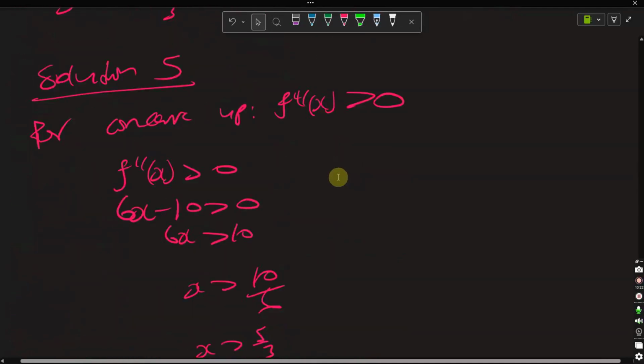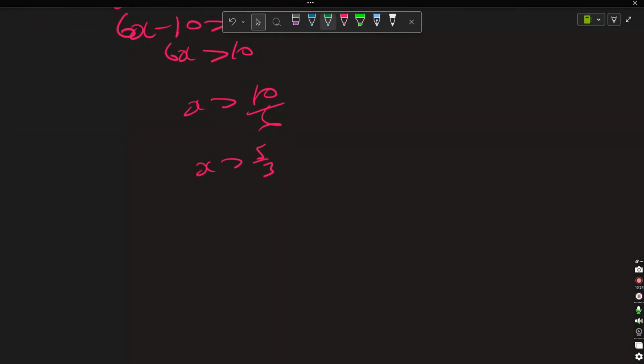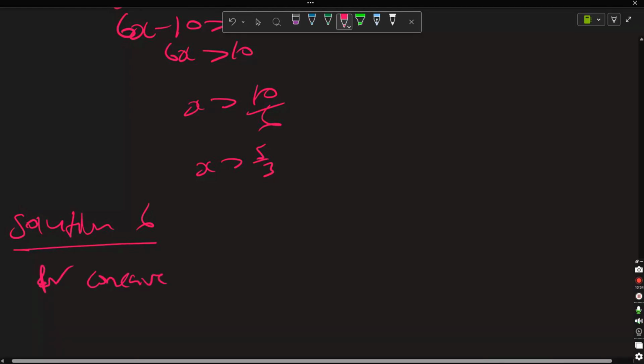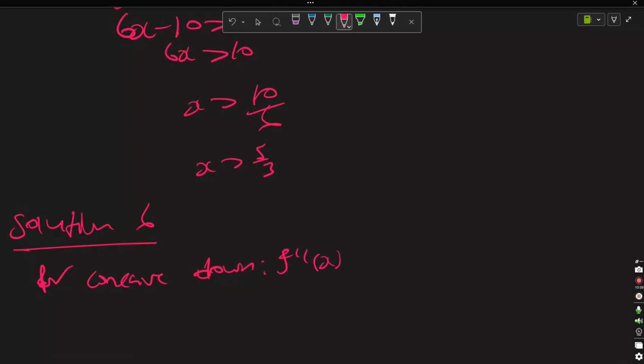Right, so now let's look at the last solution. And I guess you can already see what solution 6 has in store for us, right? Now, for concave down, the second derivative is less than 0.